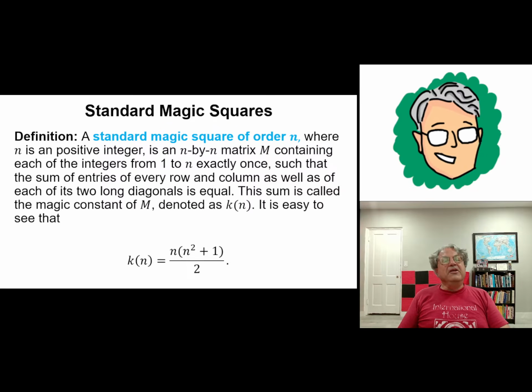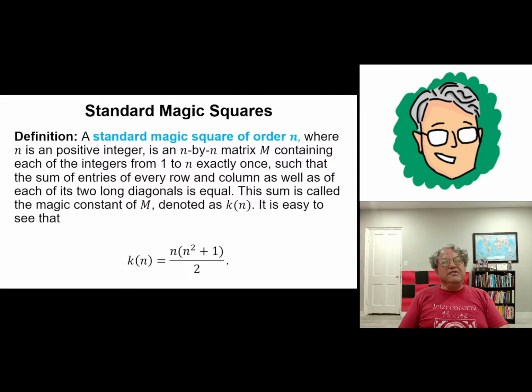A standard magic square of order n is a matrix with all the numbers from 1 to n squared, because it's an n by n grid, with each one occurring exactly once. I think I said 1 to n earlier, but I meant 1 to n squared.